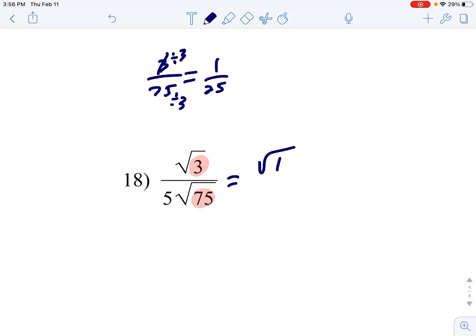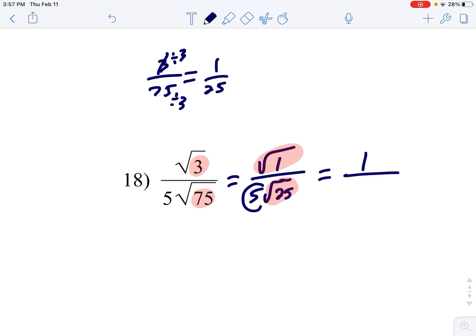That means I have the square root of 1 over 5 square root of 25. Now, what's the square root of 1? The square root of 1 is 1. What's the square root of 25? The square root of 25 is 5.